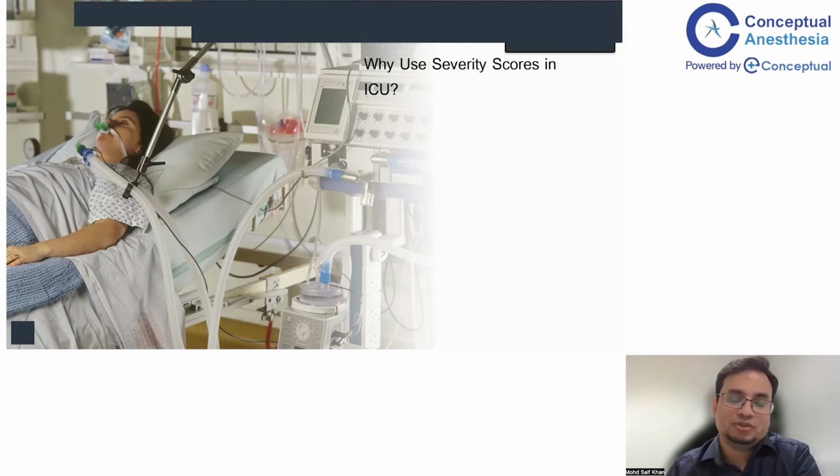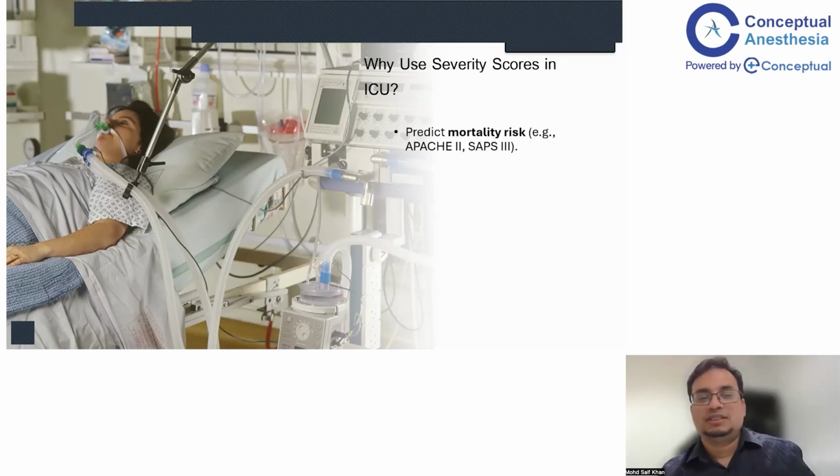So the mortality. That is one more important, or you can say the most important, function of a severity score: to predict the mortality risk as a percentage, and that is called predicted mortality risk, or the estimated mortality in percentage.